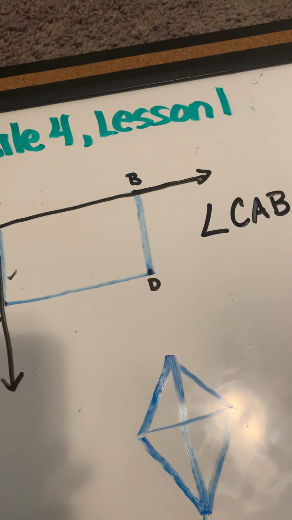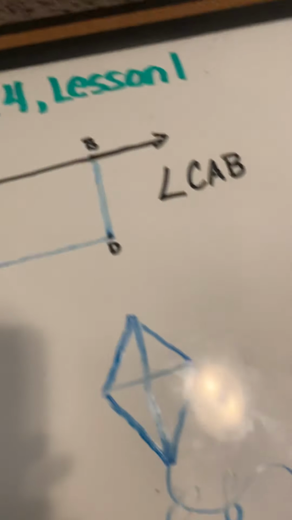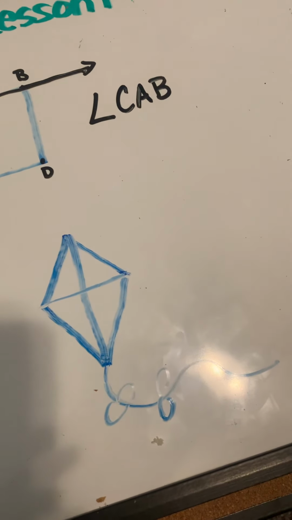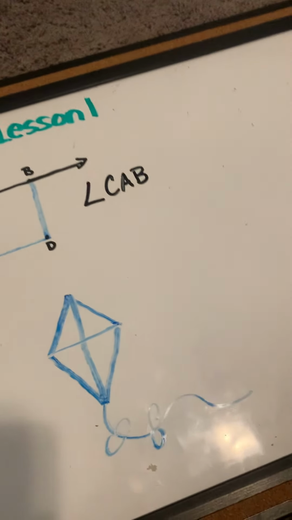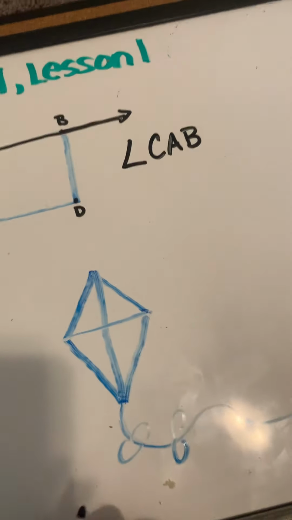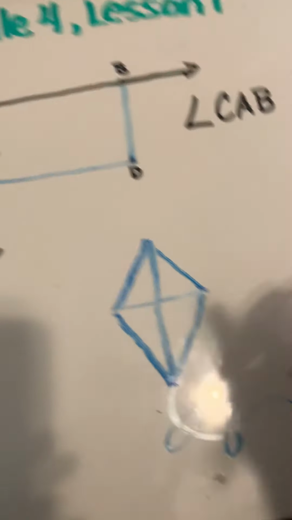Okay, so let's look at another figure. This one down here is probably something you've seen before. It's a kite. So let's look at this kite and label some of the line segments in it so we can work with it.